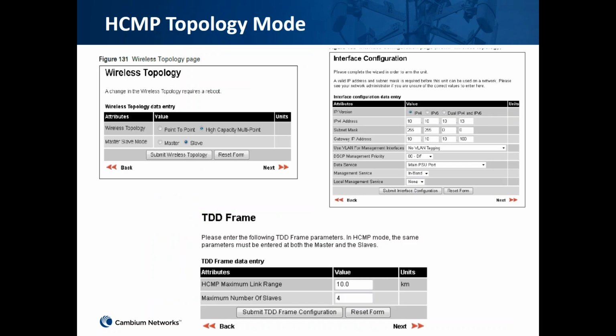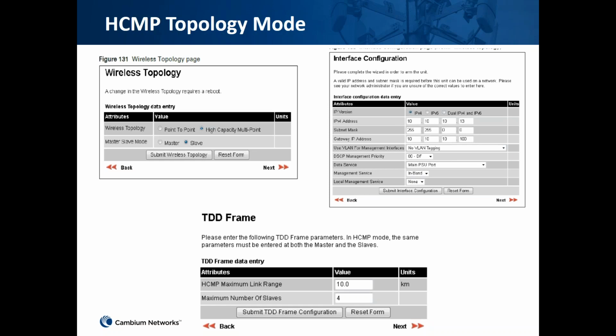Some things you can see here is a pictorial representation of how it looks once you have the 670 and start playing with it. I'm pretty sure a lot of people are used to seeing just the point-to-point in the top left picture, where you can set it as master or slave. In this, once you have the HCMP, you can set it as the master or the slave.